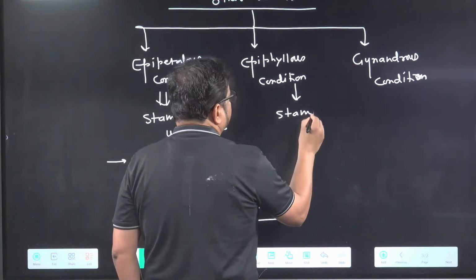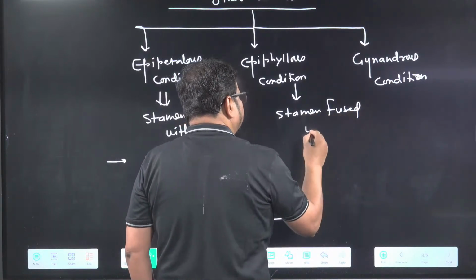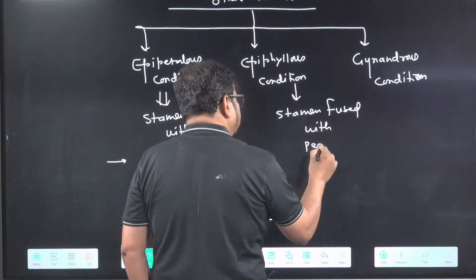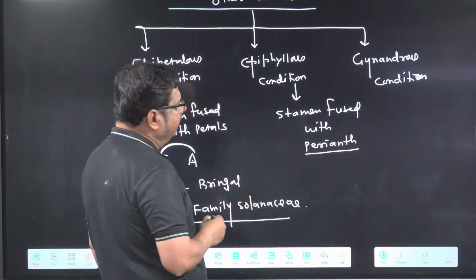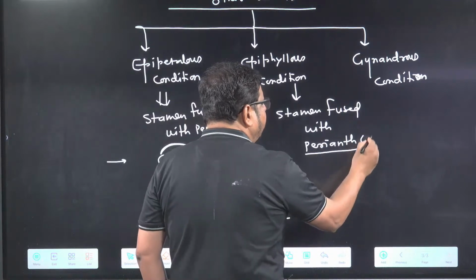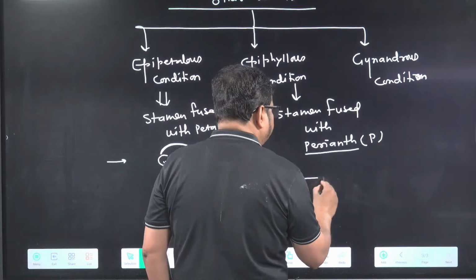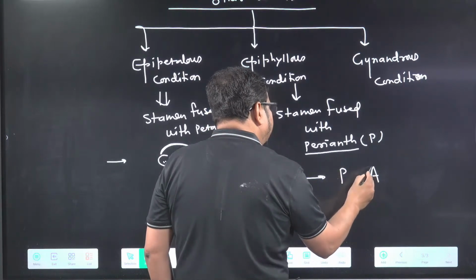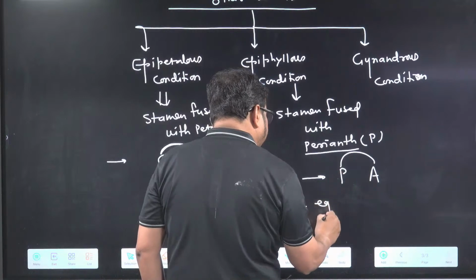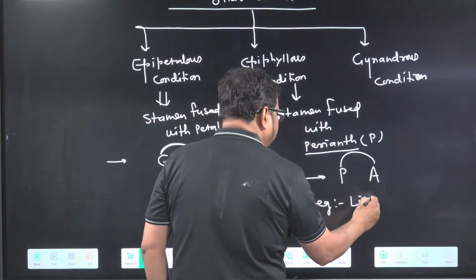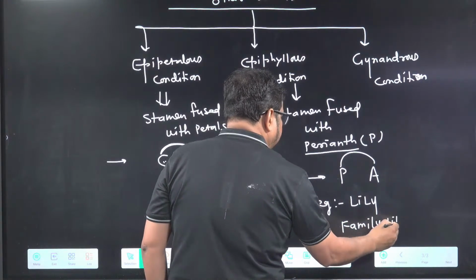Stamen fused with perianth. You know perianth. When calyx and corolla fuse together, it is called perianth, and we give a symbol of perianth with P. So in epiphyllous condition, the symbol is P, and here androecium, stamen is there, they are fusing together like this. An example of epiphyllous condition is lily, or you can say family Liliaceae.